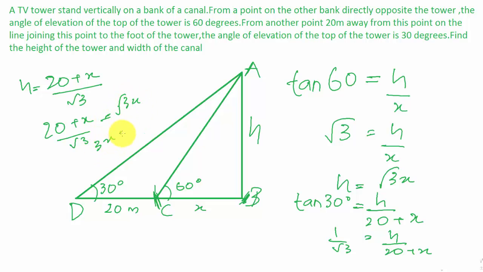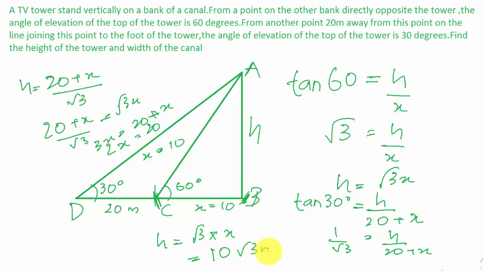Now that is 3x is equal to 20 plus x. Now 2x is equal to 20, x is equal to 10. We found that this is equal to 10. Now what is h? h is equal to root 3 into x, which is equal to 10 root 3. Ta-da!